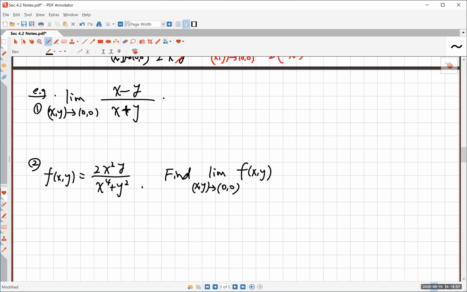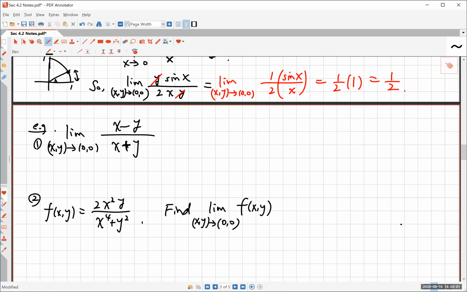Okay, so for this one here, well, you try to plug in numbers, 0, 0. Of course, it doesn't work. Okay, and notice here, the top is x and y subtracted, and the bottom has x and y added. So I would ask you to try, again, all 3 of these paths, 1 here, 2 here, 3. And sometimes you may have to do something else besides this.